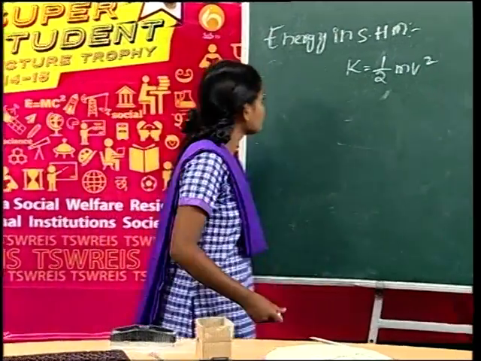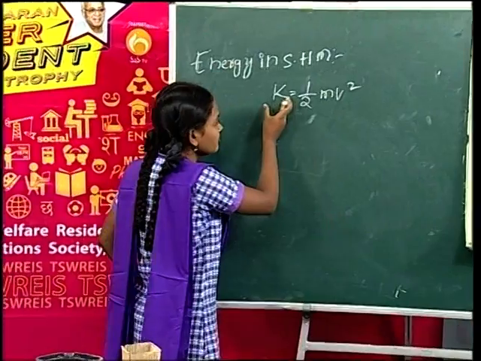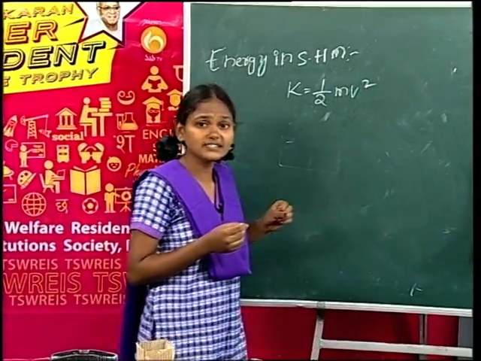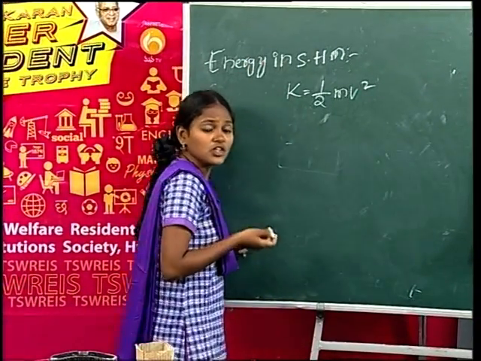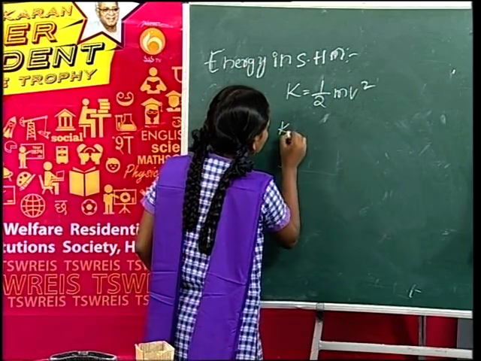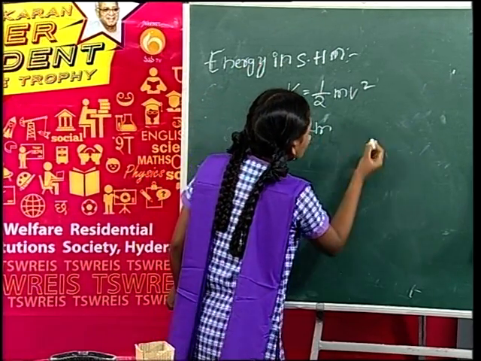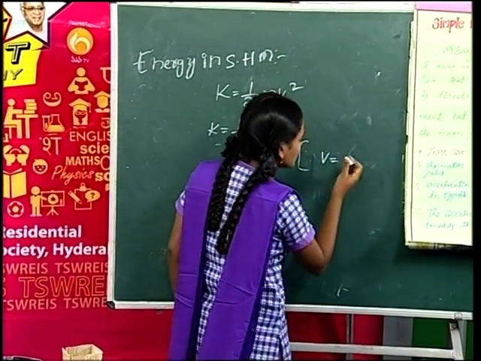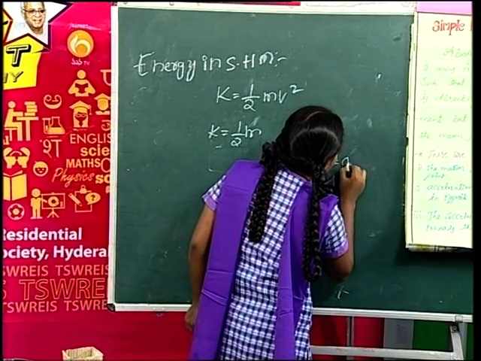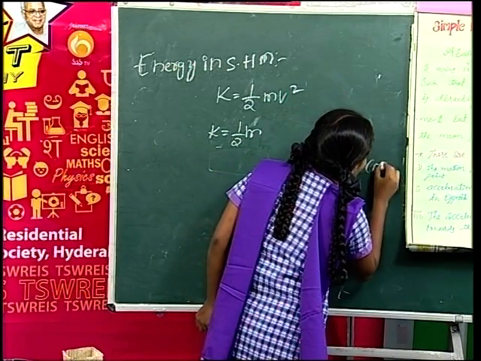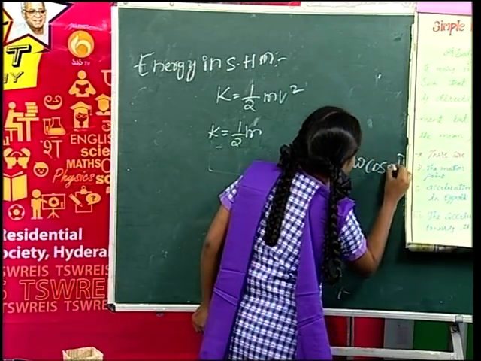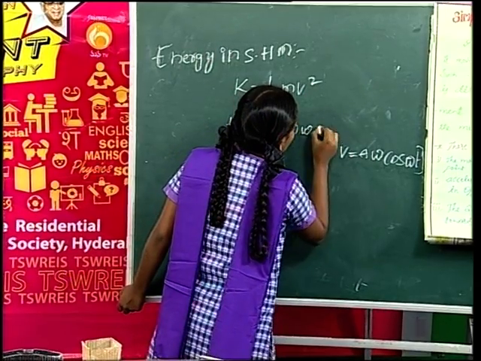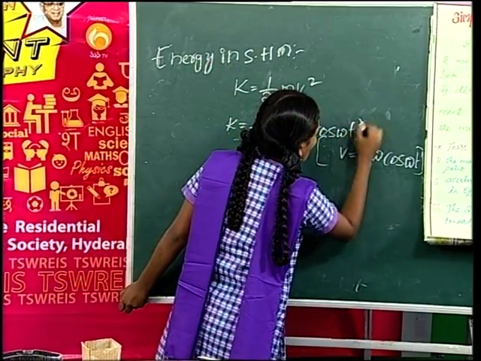Okay, thank you. So the kinetic energy is K equals half mv square. If a particle is in SHM, the velocity of the particle is v equals a omega cos omega t. So K equals half m times a omega cos omega t whole square.